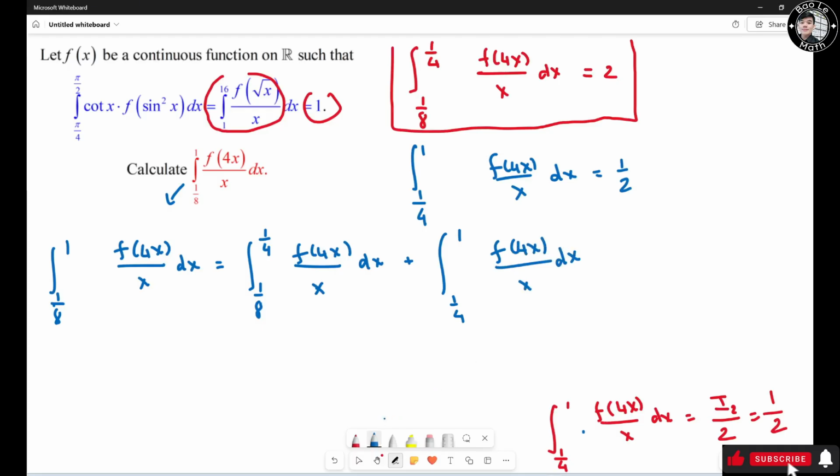The first is 2, and the second is 1/2. So the answer is 5.5.